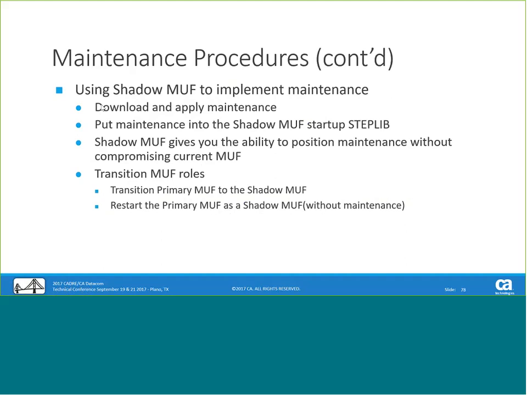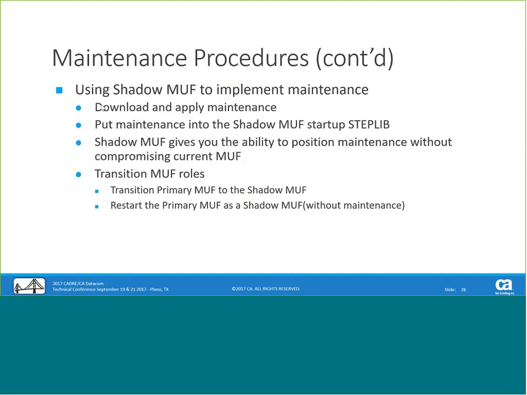What would be best is to restart your previous version, because remember, the dictionary wasn't changed yet, especially in active. It's still 14.0. So you have a MUF running the 14.0 code in the 14.0 data dictionary, but it's the Shadow MUF.